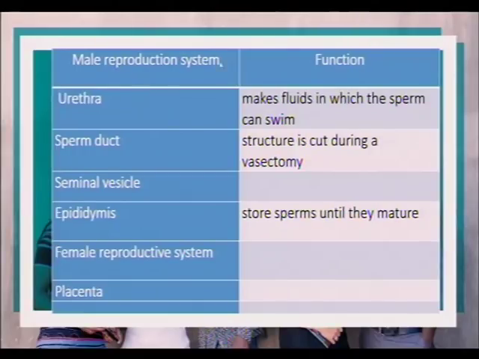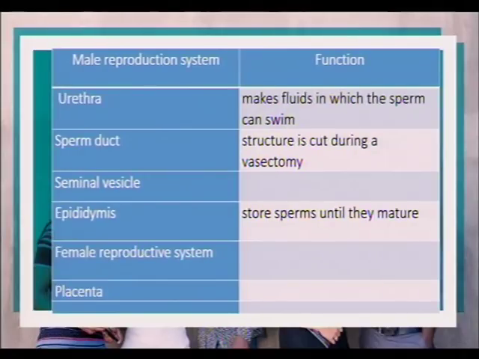Also, for example, with the male reproductive system, and you can do the same for the female reproductive system, make a little table for yourself where you write down the parts of the male reproductive system on one side, like the urethra or the seminal vesicle, and then on the other side you write function and indicate the specific function of the specific part.